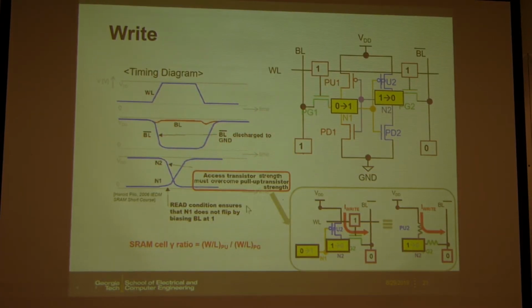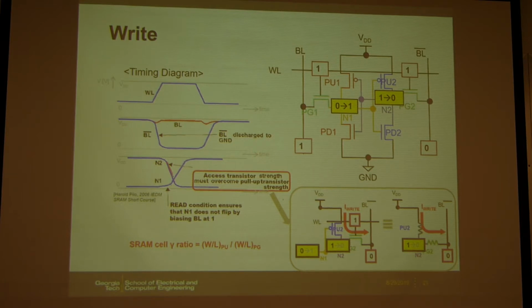So you can also see this from the timing diagram from some real simulation. If you run SPICE simulation, you will also see this. Let's say this is the write operation, and we provide the bit line to be 1, bit line bar to be 0. Exactly, we are going to switch N1 from 0 to 1 and N2 from 1 to 0. So you look at the timing diagram here. After the word line is turned on, the N2 starts decreasing first.